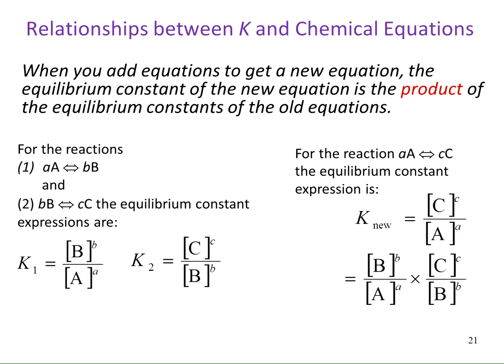But let's say we add those two equations together. So the sum of those equations: A goes to B and B goes to C. If we add those up, A plus B goes to B plus C. So if we were to write the equilibrium expression for the sum of these reactions, it would be products over reactants, so B times C over A times B. But notice that we can cancel out the B, just like we can cancel out the B here to get the overall reaction.